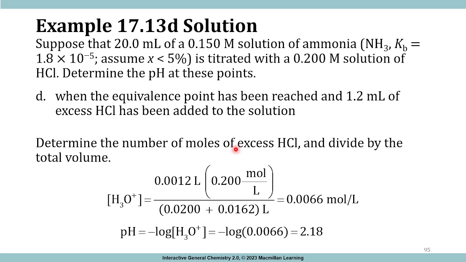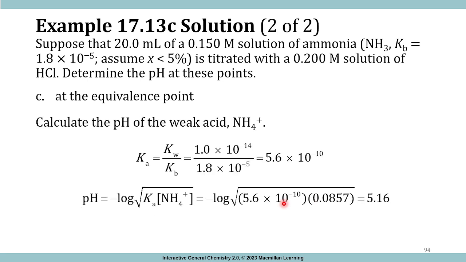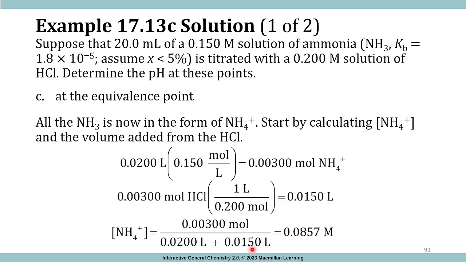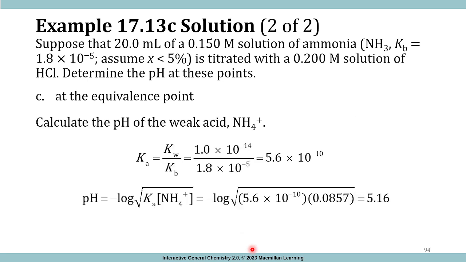And so we're going to take that 1.2 milliliters times the concentration of the HCl, which is 0.2, and then we'll divide it by the total volume. And the total volume here is that 20 milliliters plus 16.2. Okay? And again, you could have also just taken the total volume from here, by the way, and added 1.2 to it. That also would work if you had written it down.